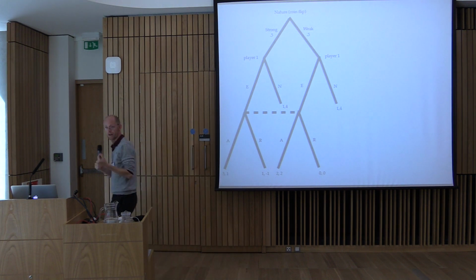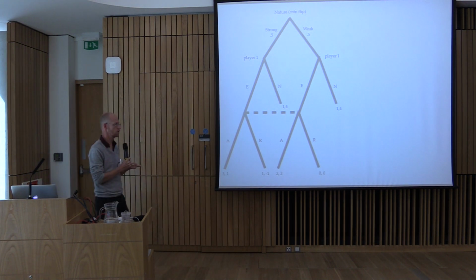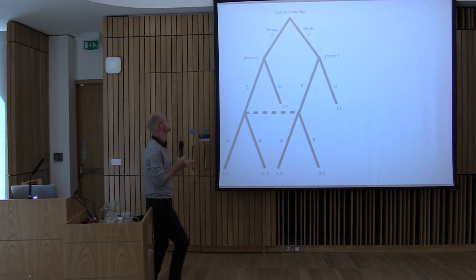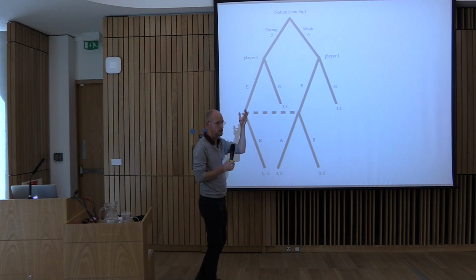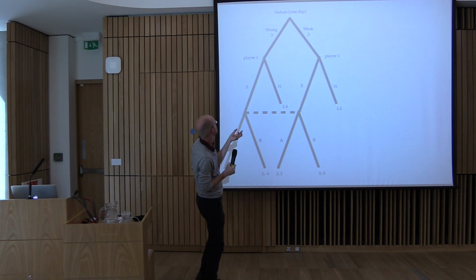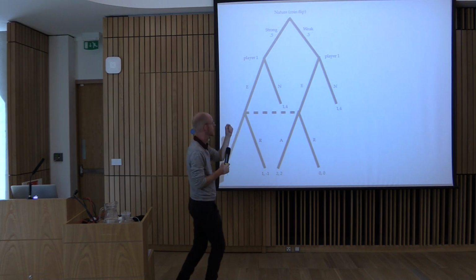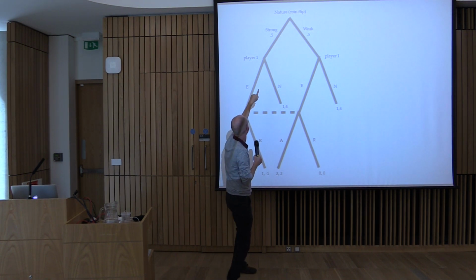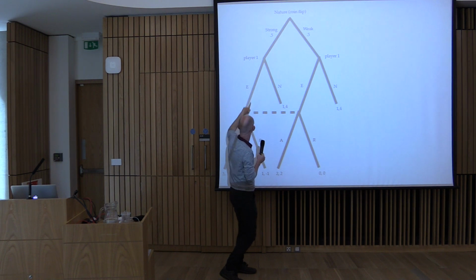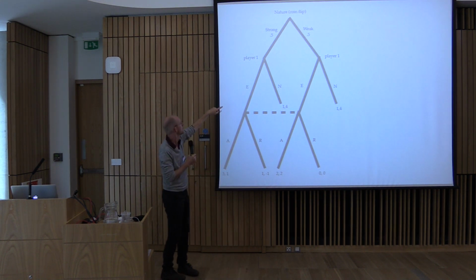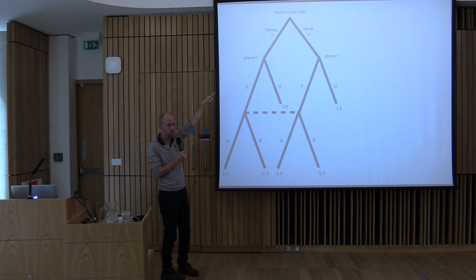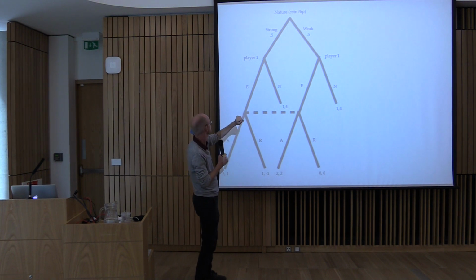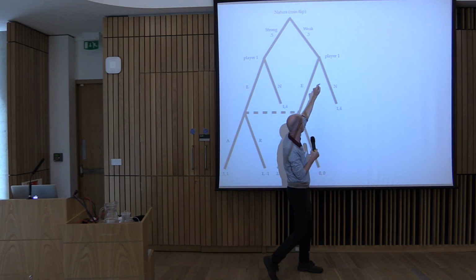But now we have a third player, and the third player determines what state we're in. For instance, it can be a coin flip, heads or tails, or strong or weak, and the utilities can depend on the outcome of the flipping of the coin. So first nature plays, then we're either in that node or in that node.